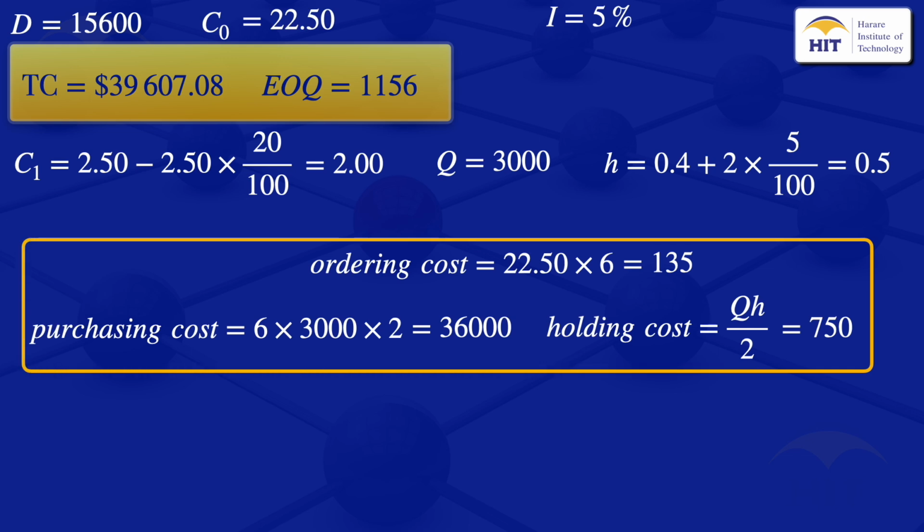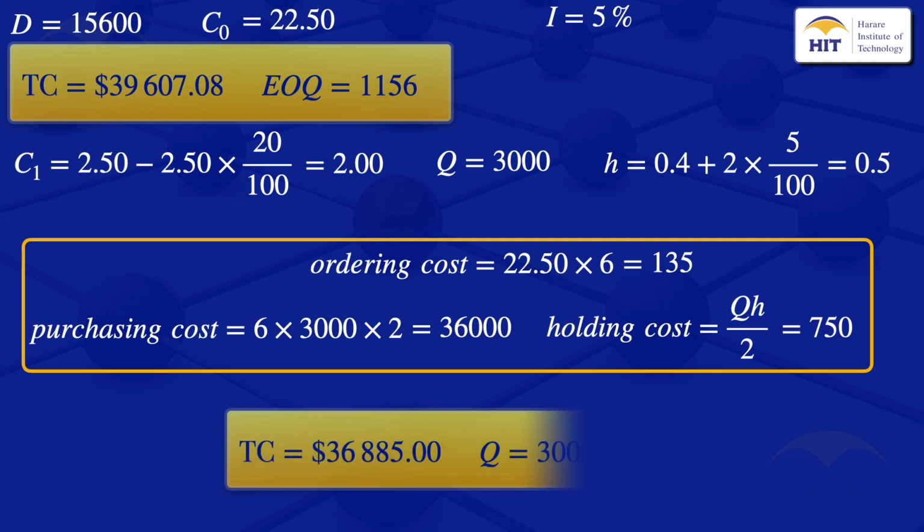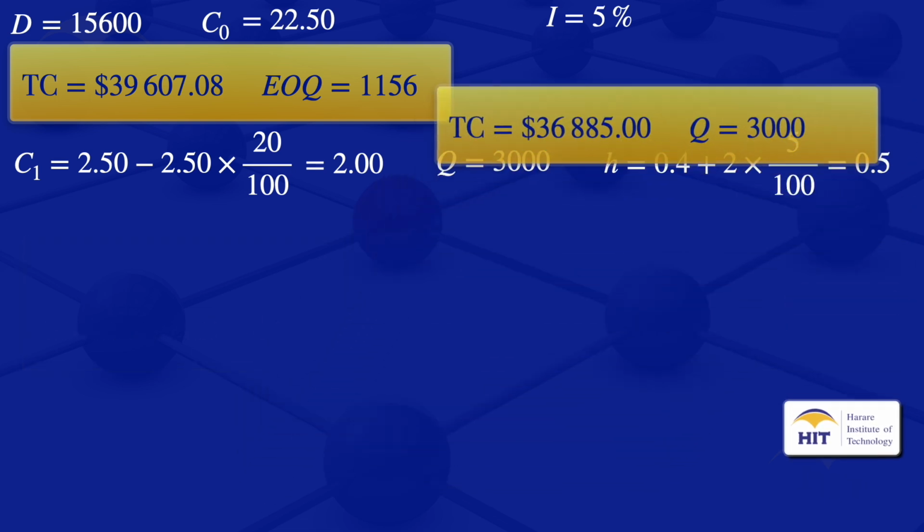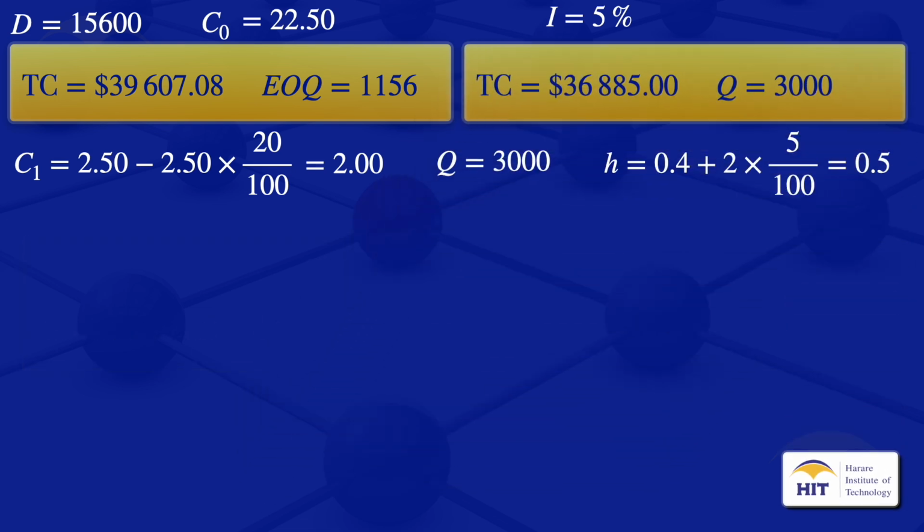To get our total cost, we add all these costs that I have highlighted, and that sum of the costs is 36,885. And we are saying this total cost is when we are ordering 3,000 units for each order. So I'll just write that total cost on top there.